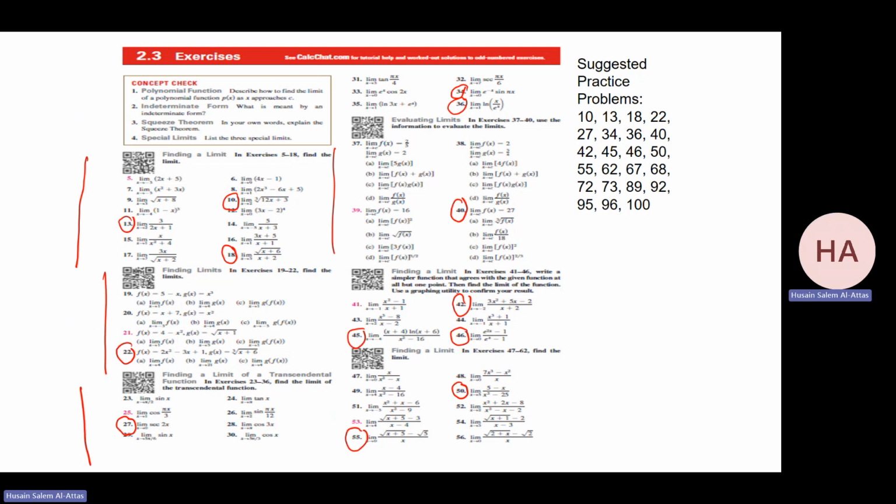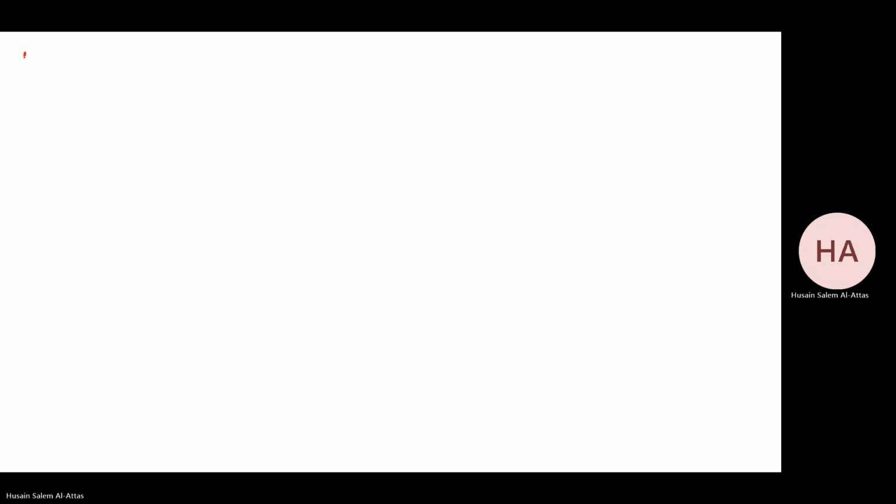40, by the way, 40 is only substitution. Nothing to worry about. Let us do it. You are given the limit as x goes to c of f of x equals 27. You are given this for a specific c.